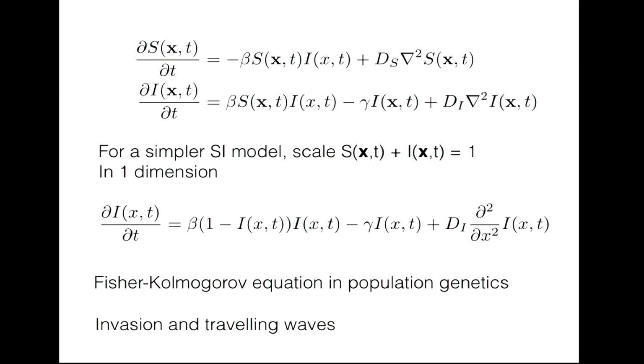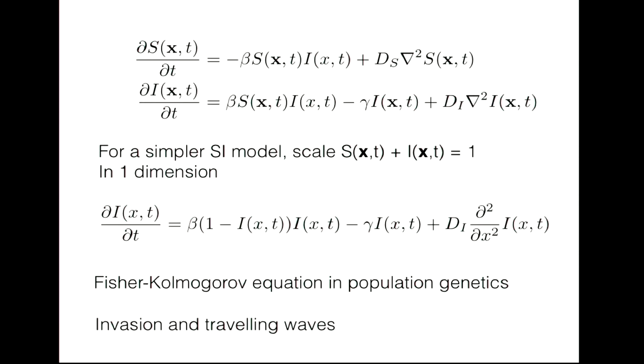All I have done is added, instead of writing just S of t, I have now made it S of x and t. Okay, but each of these x's evolves independently at every point in time because there's nothing to connect different points in x. So if I just stopped here, this would be like having an independent SIR model at each different point in space. Because there is x here, x here, x here, x here, x here.